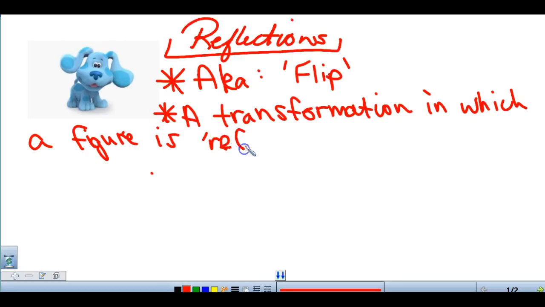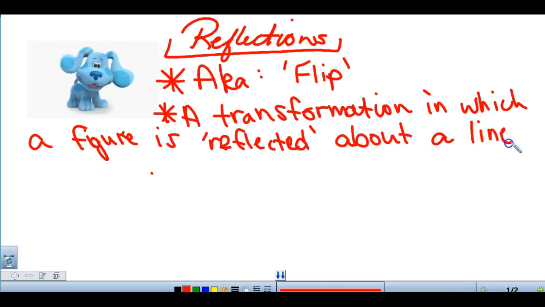It's the word, the name, right? Oh, pardon my bad handwriting here. It's basically reflected about a given line.